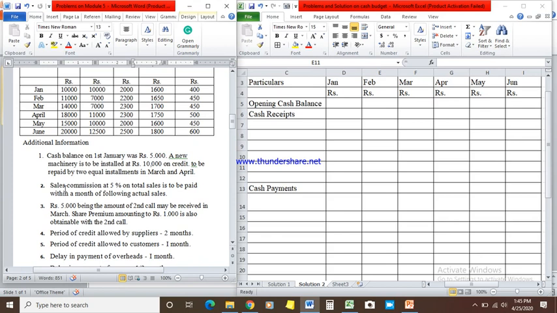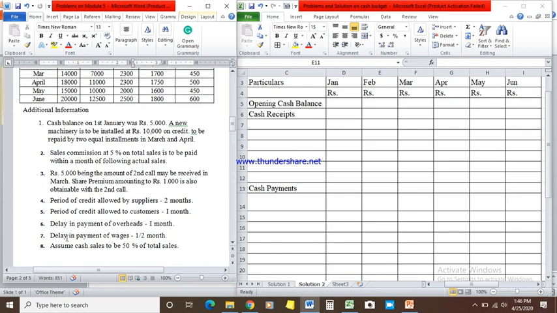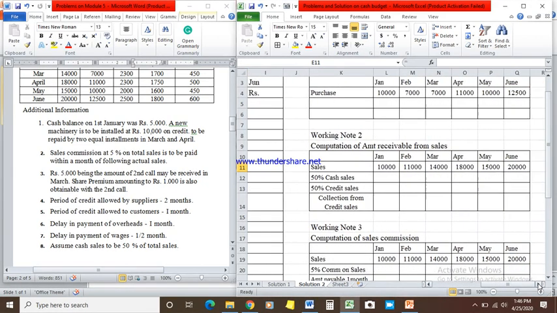One more working note is on the sales commission, because after we calculate sales commission, since there is a delay of 1 month, we need to prepare a sales commission working note. Plus one more important working note is in terms of payment of wages. Since there is a half month delay, we will have a bit complex calculation, so that also we are going to prepare. Let me show you one by one.